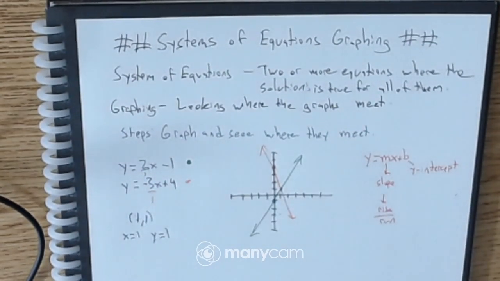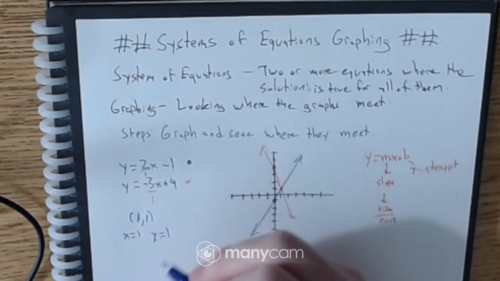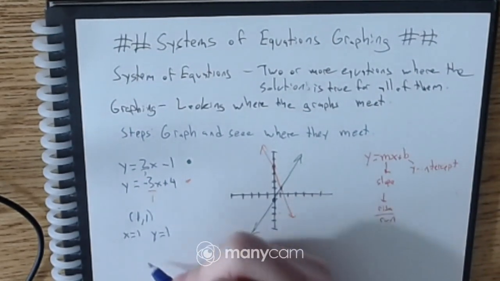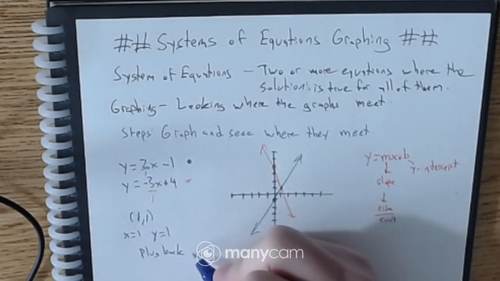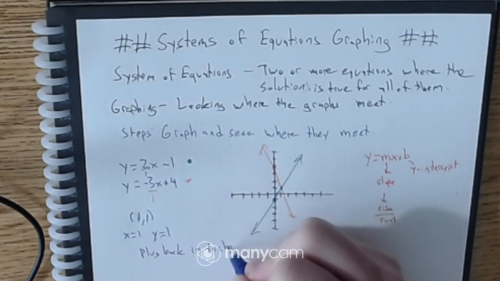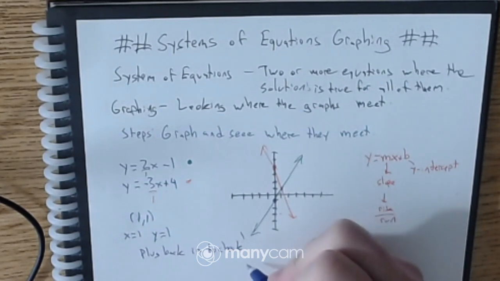So why is this a solution? That's because it should work for both equations. So we should double check. We can plug them in, right? And this is going to be true for everything we do. You have to get really used to plugging things back in.